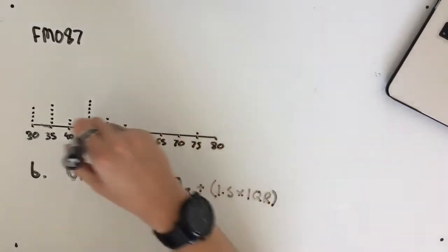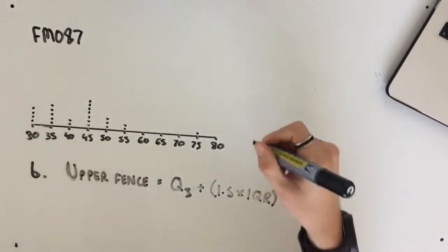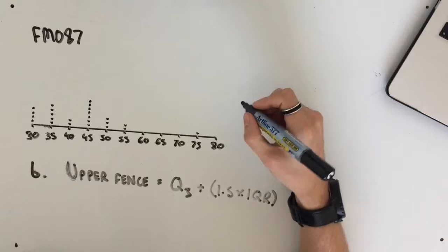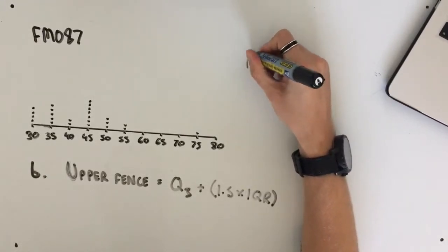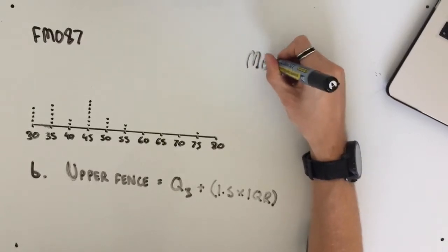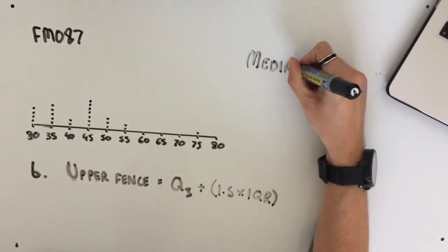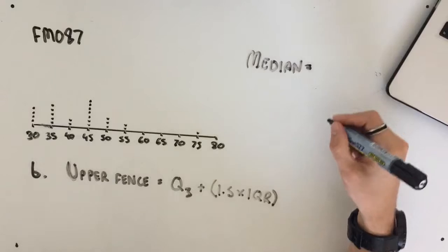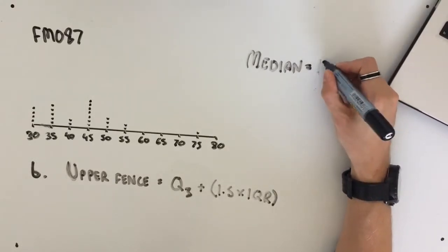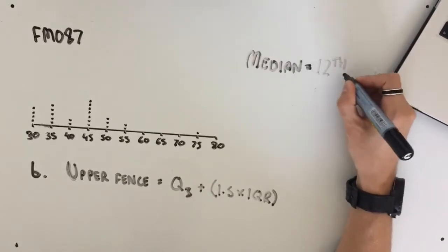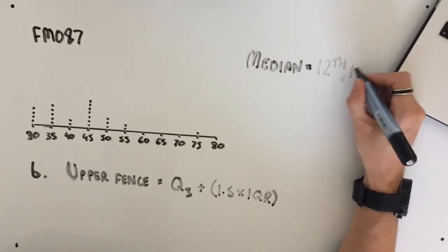So we've got 24 values here, which means that our median is going to lie between the 12th and the 13th.